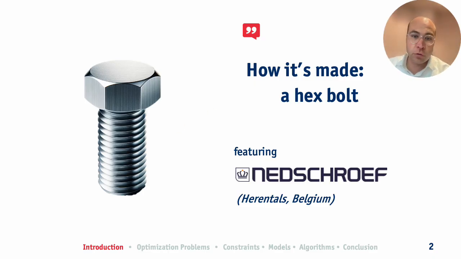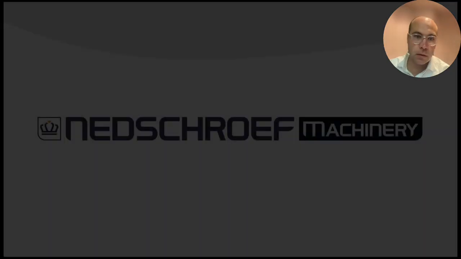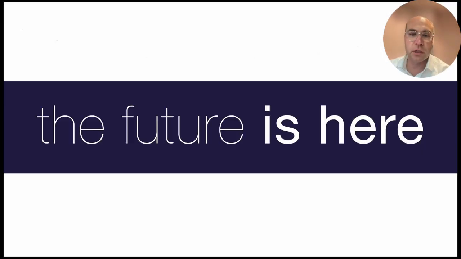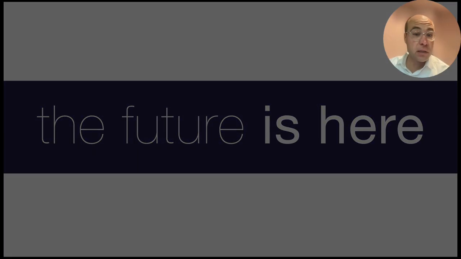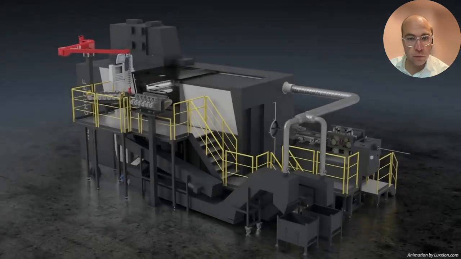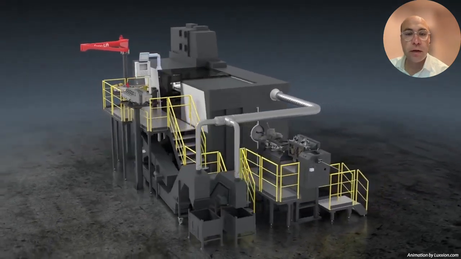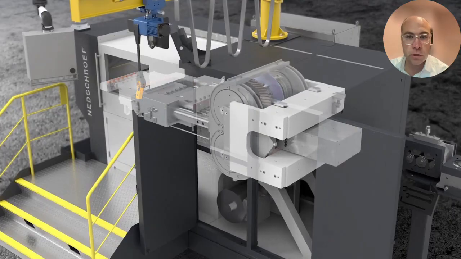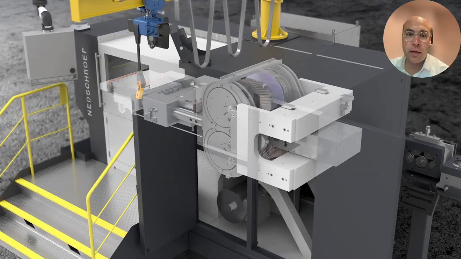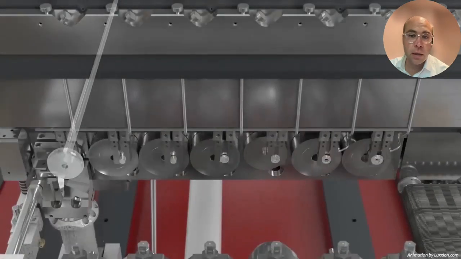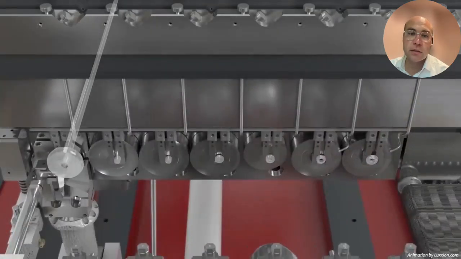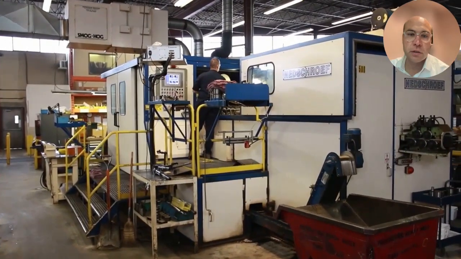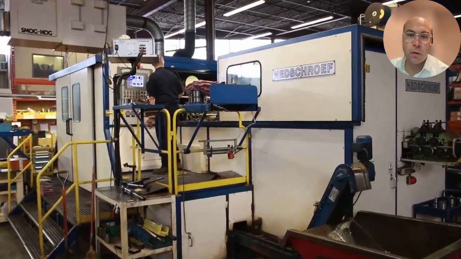If we look to industry, we see lots of machines like this Netzschroef. The future is here in Bolts, Düsseldorf from 4th to 8th of April 2016. Netzschroef machinery presents At Wire, the Nedform Hybrid, a multi-station metal cold former, uses servo-direct driven technology and mechanical kinematics in perfect harmony.